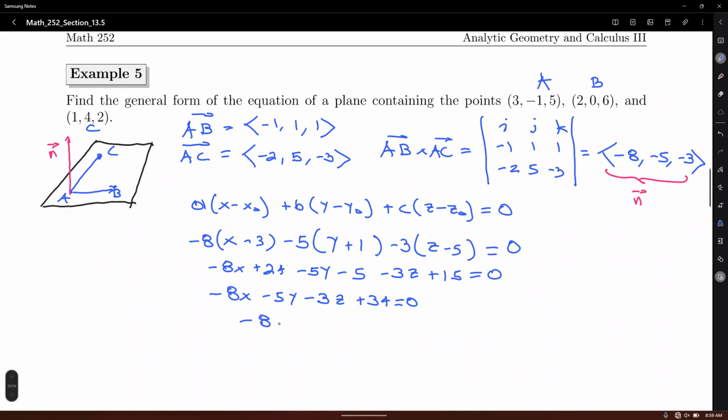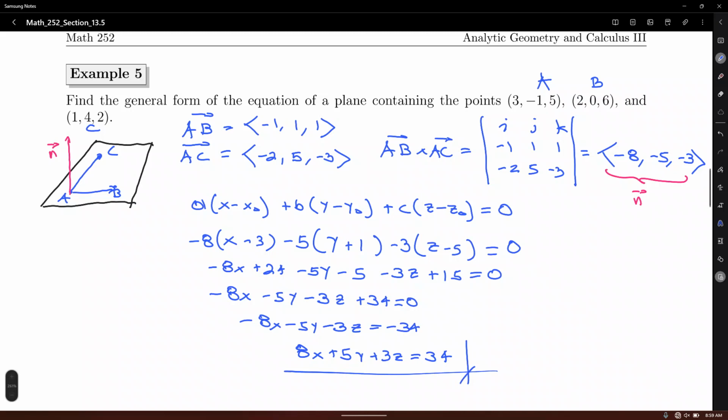That is negative 8x minus 5y minus 3z equals negative 34. Notice how everything is negative on both sides of the equation. Turn everything into positive. You could leave it like this, that's fine, but it's better to get rid of those negatives. So that's the equation of the plane.